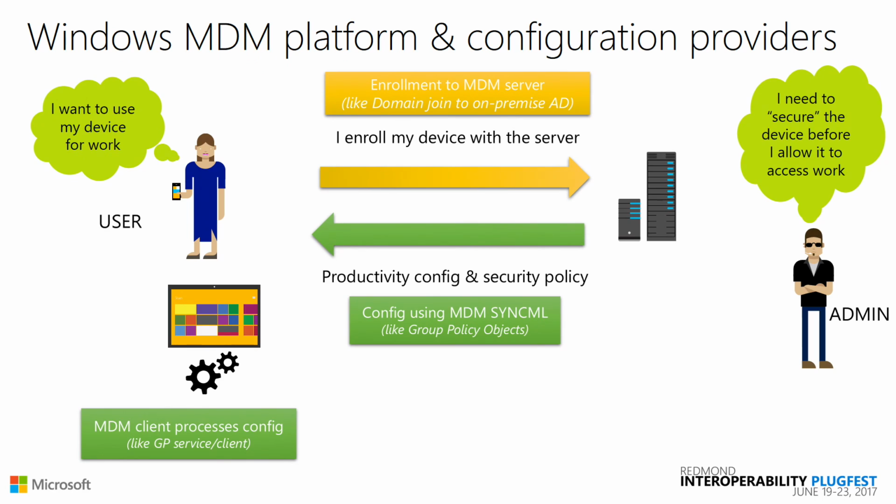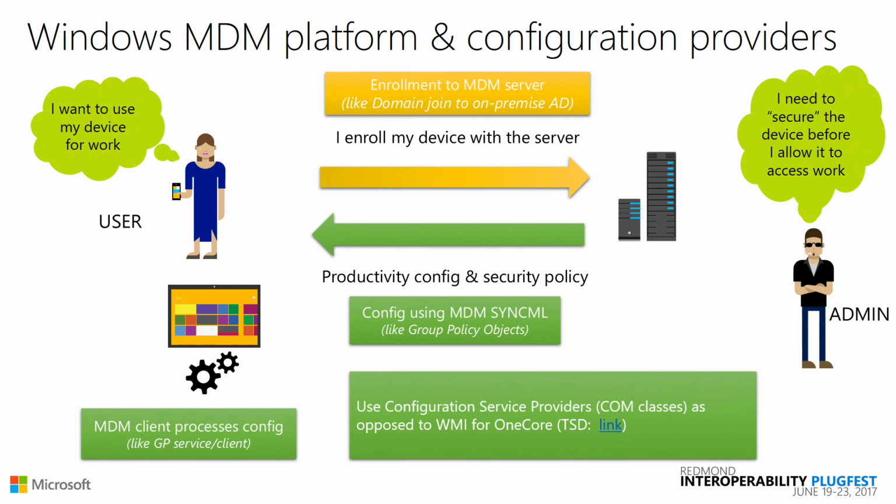So there are components in Windows, similar to how group policy is processed today. MDM policies and apps or resources are also processed on the device and applied onto the device. And these are all done through things called configuration service providers, CSPs, which are effectively just COM classes that serve as manageability APIs that, in terms of Microsoft, live in Windows.